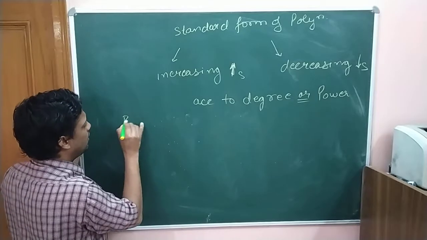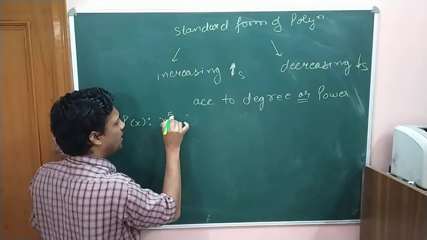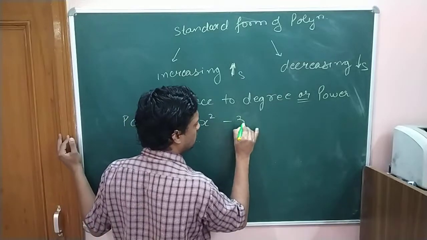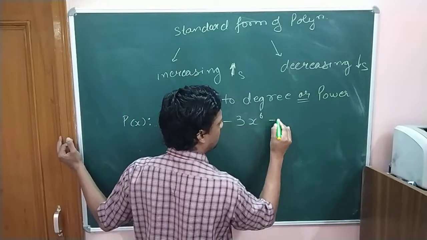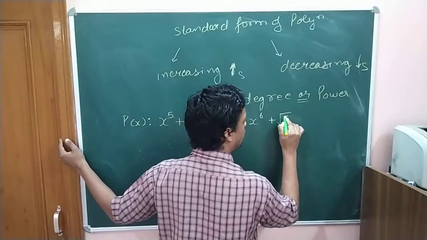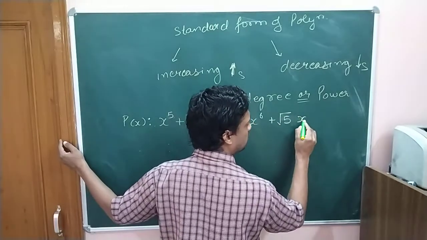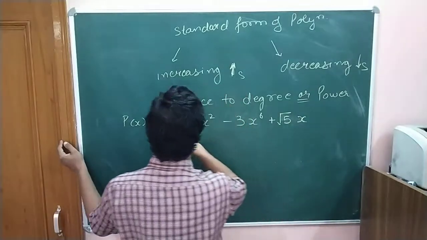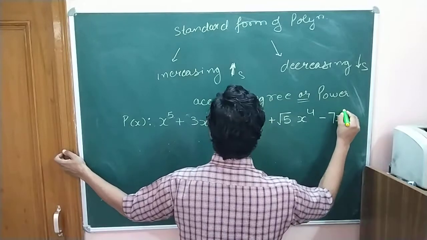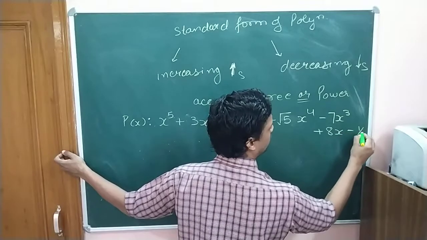Suppose this is a polynomial P(x) = x^5 + 3x^2 - 3x^6 + 4 root 5 x^4 (x is not under the root, only 5 is under the root) - 7x^3 + 8x - 1/2.